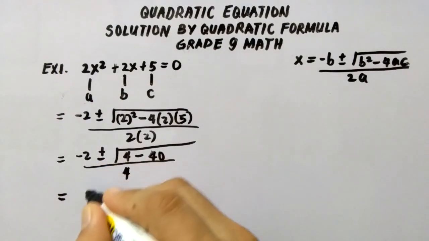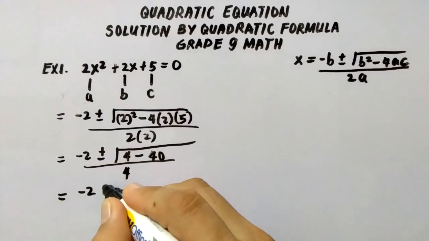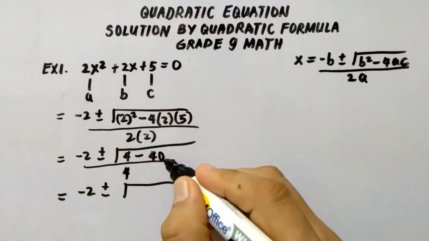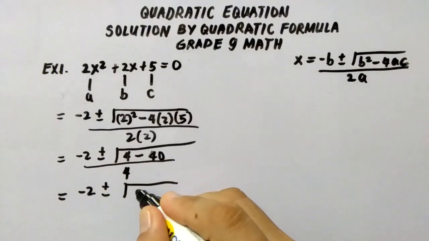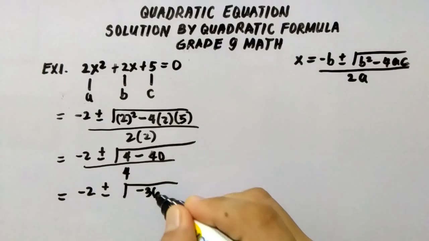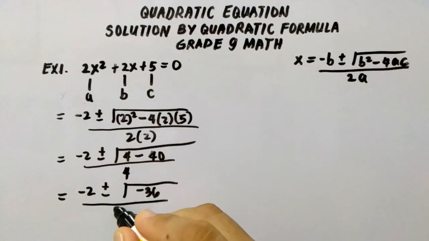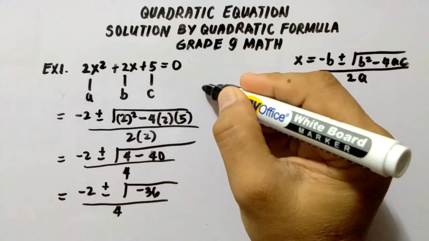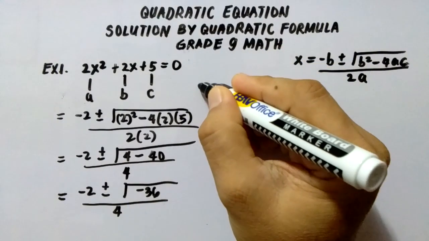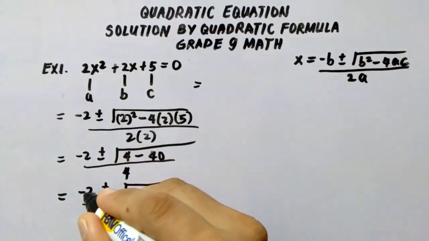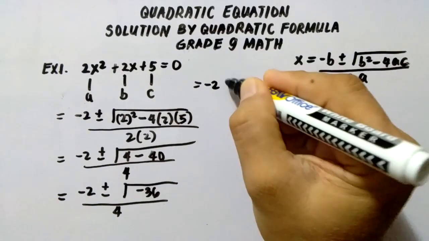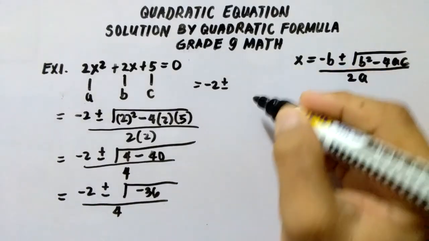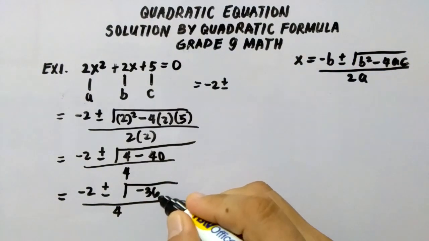Then equals, so negative 2, positive, negative, square root of, so 4 minus 40, that is negative 36 over 4. Then, continue po natin dito sa taas. So, equals, so we have negative 2, then positive, negative, then square root of negative 36.